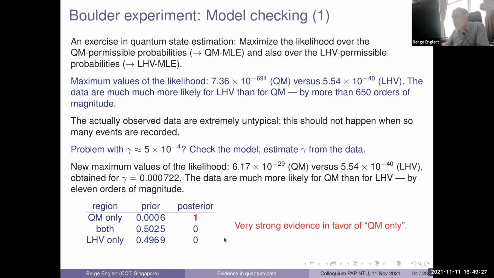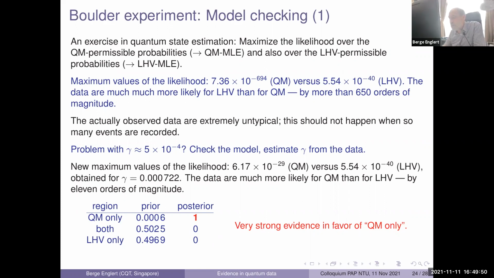Okay, so I don't have a slide about this, but I can just tell you. For the Boulder experiment, for all the runs, we have the same picture. We just have nothing left outside the quantum mechanics only region, right? The same is true for the Vienna experiment and for the Munich experiment.